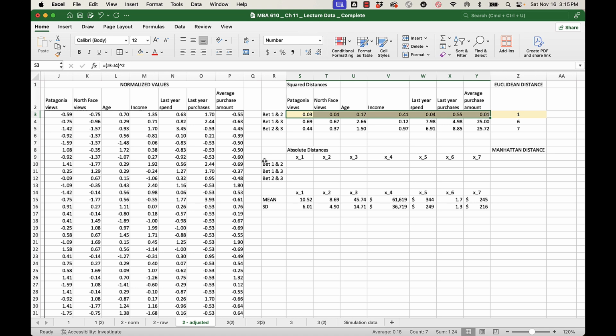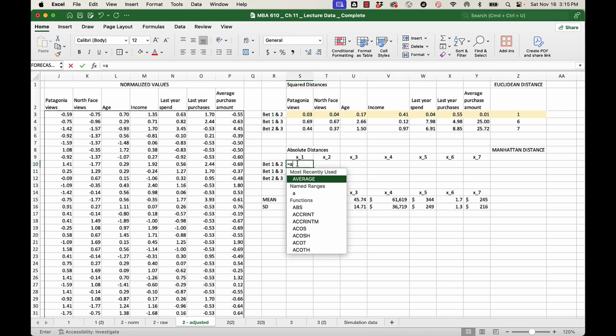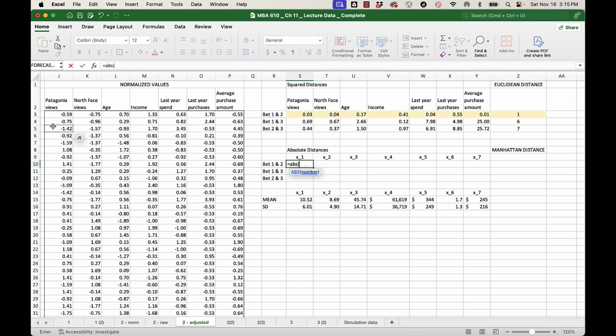If we take this for Manhattan distances, we take the absolute value of the distance between person 1 and person 2. Then we take the absolute value of the distance between person 1 and person 3. And then the absolute value of the distance between person 2 and person 3. We can drag this over.